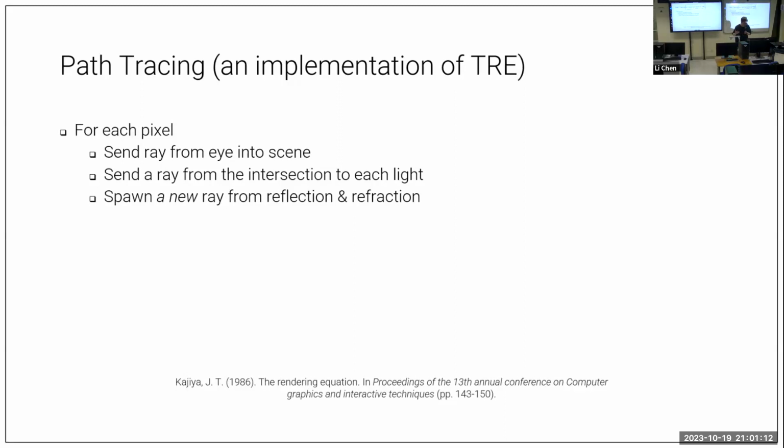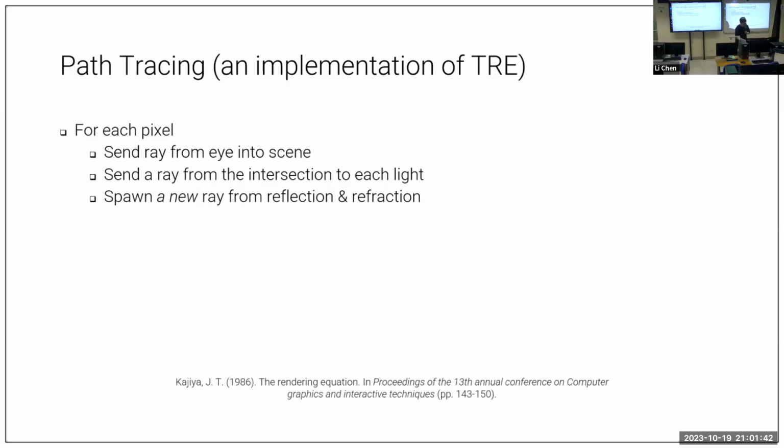So this is the first optimization. I think maybe in lecture 1, I already talked about that. Instead of doing all these calculations for all the points within the scene, we do it only for the points that people can see, that are the pixels. That's why we send the ray first. So this is the first layer of optimization.